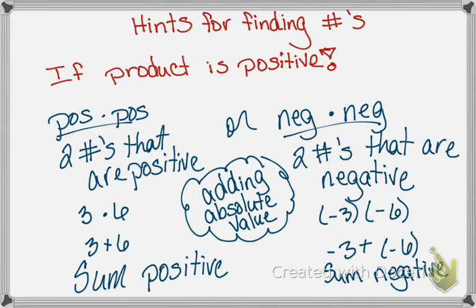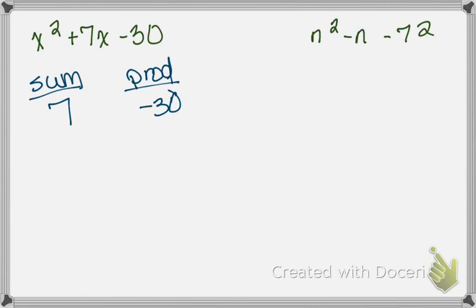So let's go back to this one. I've got x squared plus 7x minus 30. My product is -30. My sum is +7. So what we know about this is I'm going to have one positive number and one negative number. So I could go ahead and write that.